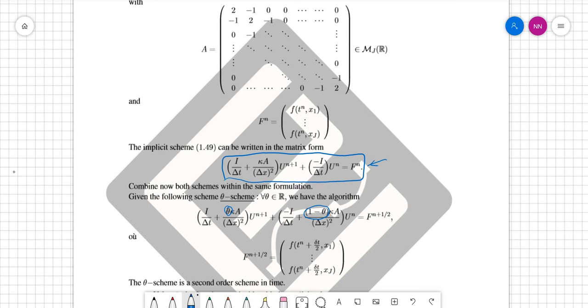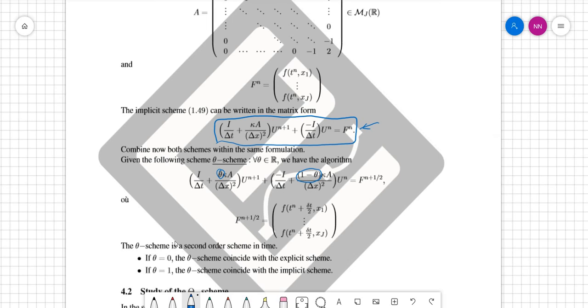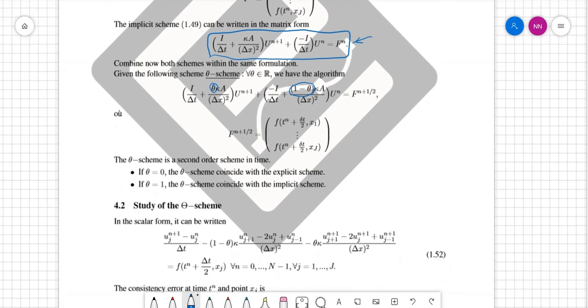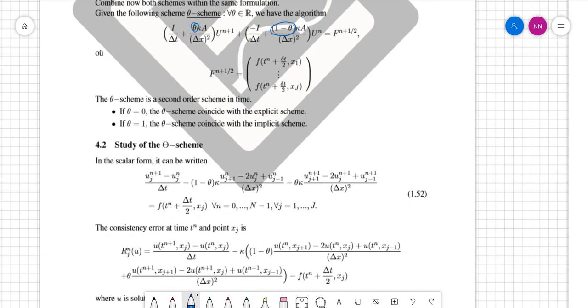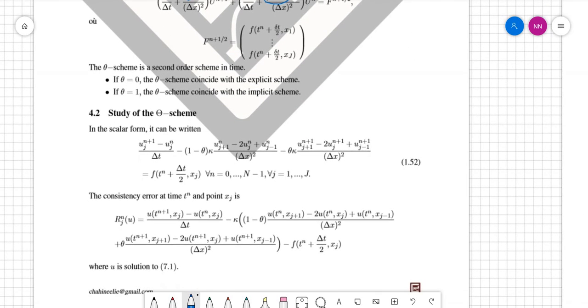In this combination, if theta is equal to 0, then we have a completely explicit scheme, and if theta is equal to 1, we have a completely implicit scheme. And if theta is neither 0 nor 1, but it's between 0 and 1, it means that our scheme is somehow a mix between both schemes. So if we write this again in the scalar form, we will have this kind of equations.